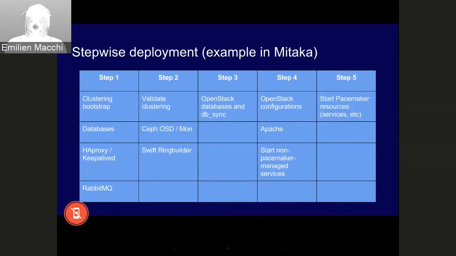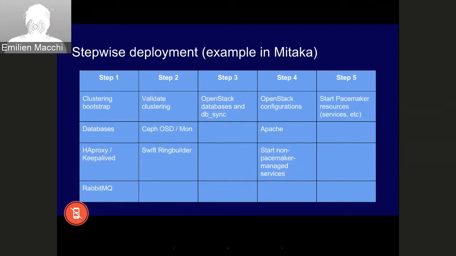So for example, at step one, we are bootstrapping the cluster with pacemaker, HAProxy, TripleIFD. We are building the database with MySQL Galera, and we are building the RabbitMQ cluster. At step two, we are validating the cluster. We start to create the Ceph cluster.